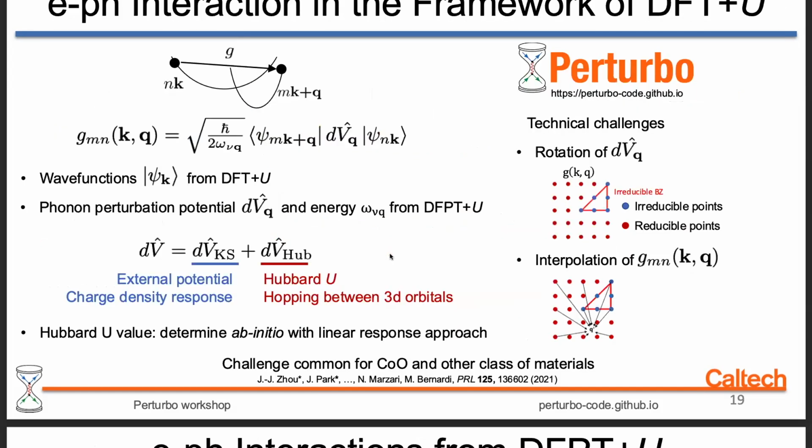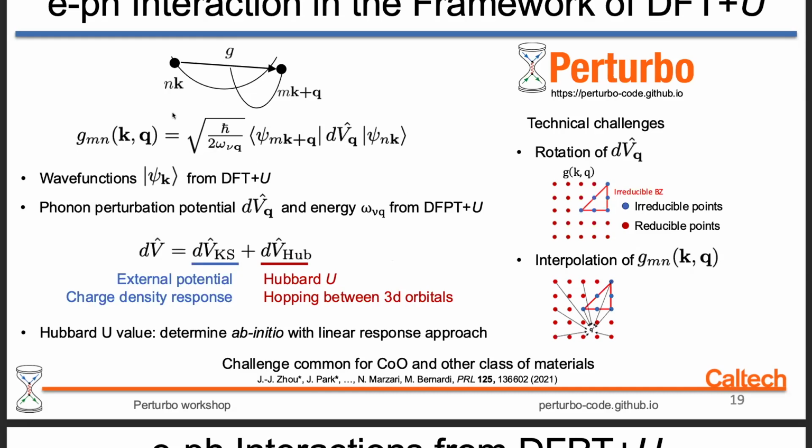And so if you're trying to compute the electron phonon coupling, you need to do this from the starting point of realistic bands and phonons. So we've developed a method to use Hubbard corrected density functional perturbation theory for the coupling.